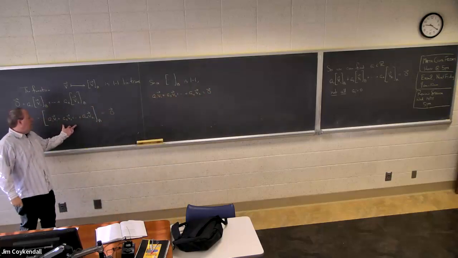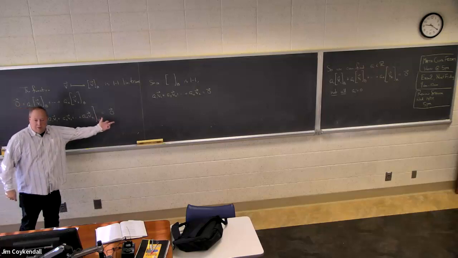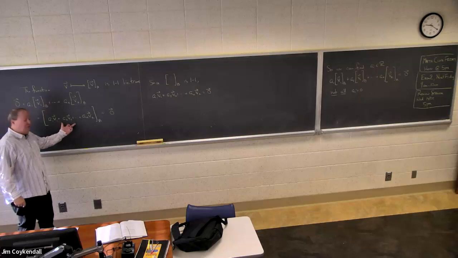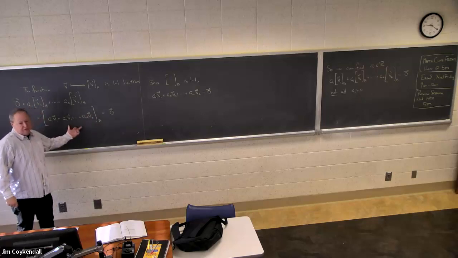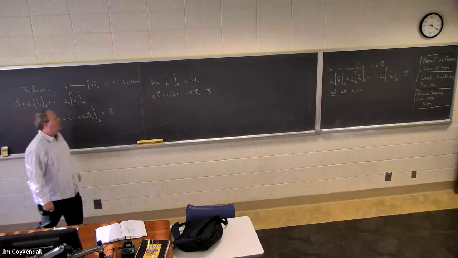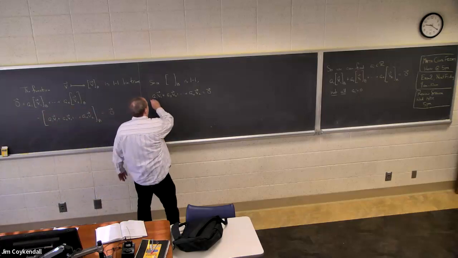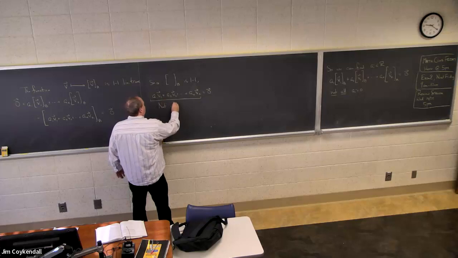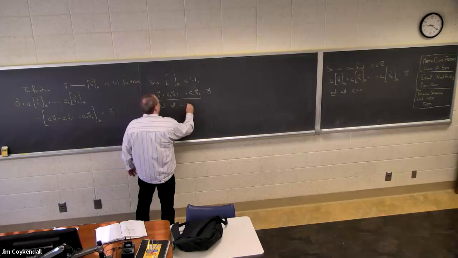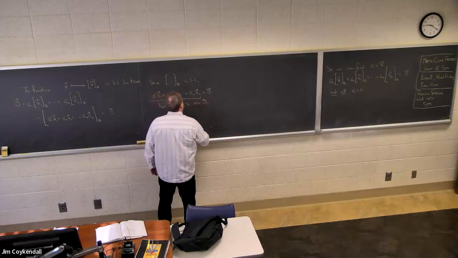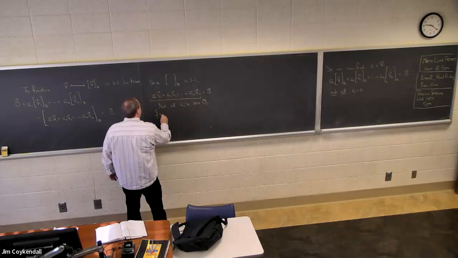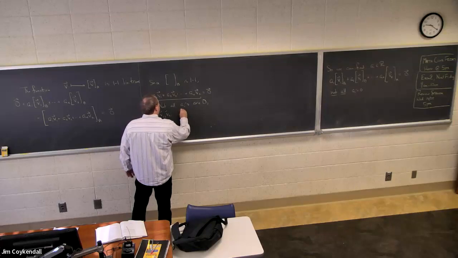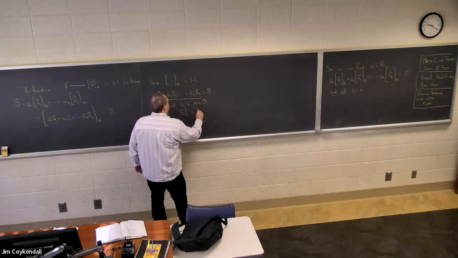Because I know that any linear transformation takes 0 to 0, and since it's 1-1, that's the only thing that it can take to 0. So this must be 0 because it's 1-1. And so, since not all the a's are 0, this set is linearly dependent.